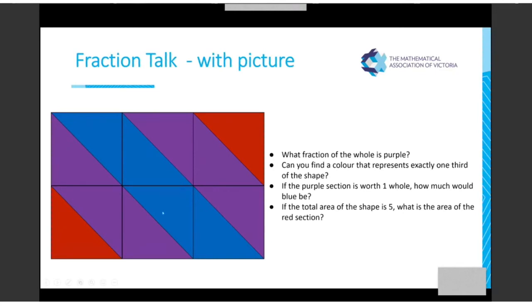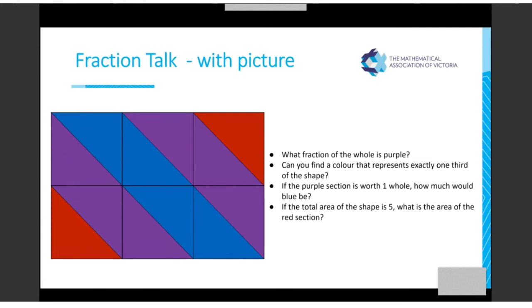If the purple was one whole, there's 3 triangles worth of purple, so I imagine it was cut into 6, and the blue is the same size as the purple triangles, and there are 4 of those. So if I rearrange them on top of each other, it would cover 2/3 of the shape.